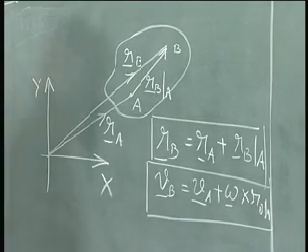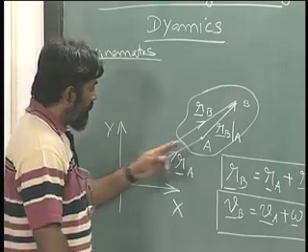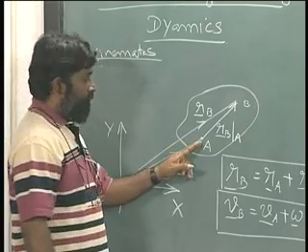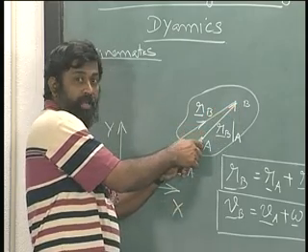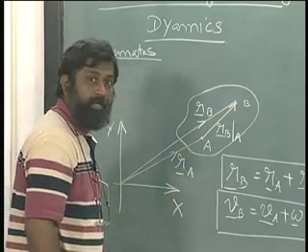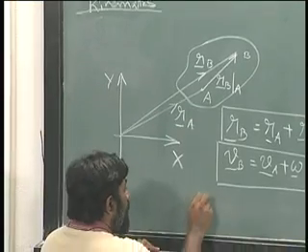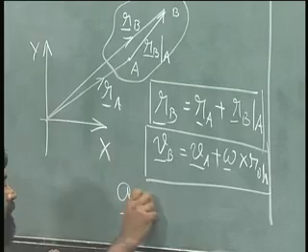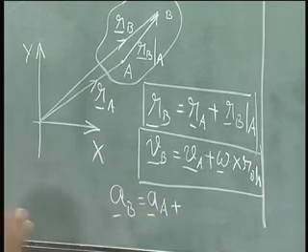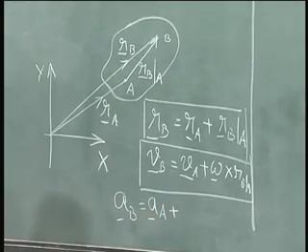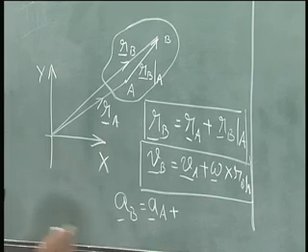How about the acceleration? Acceleration will have acceleration of A and then the acceleration of B relative to A. So we are going to write it over here. Acceleration of B is given by acceleration of A plus, let me write down the vectorial notations first and then get an idea of the directions.